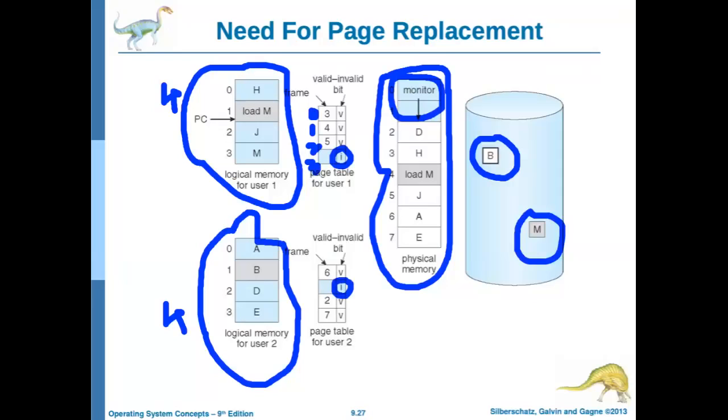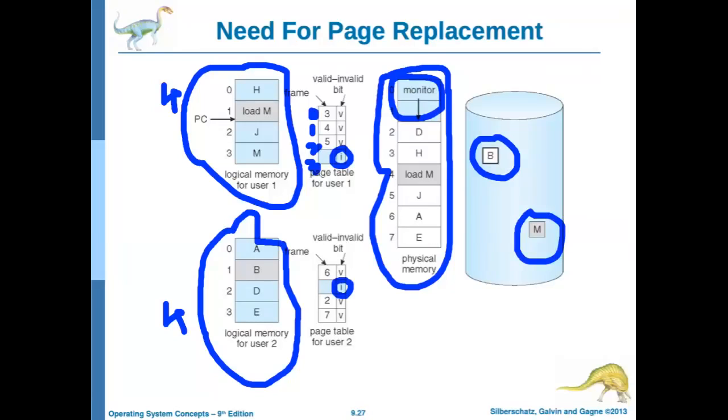Now, say for example, in process 1, the program counter is now pointing to load M, which is not actually loaded in the memory. So M page is not there.